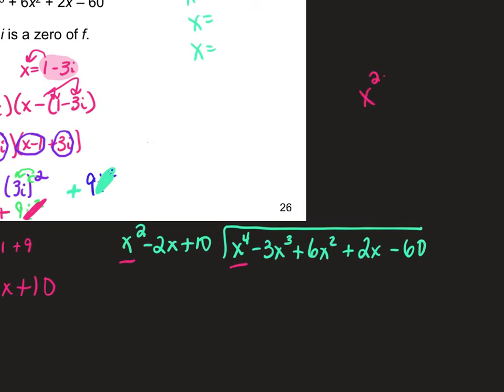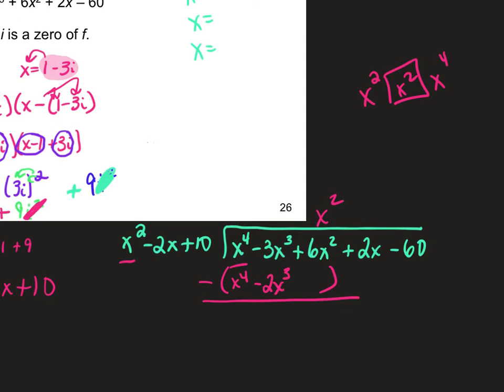So x squared times what gives me x to the fourth? X squared. Okay, so I'm going to put my x squared above my x squared to keep everything in order. Get your subtraction ready, and then multiply. X squared times x squared is x to the fourth. X squared times negative 2x is negative 2x cubed.